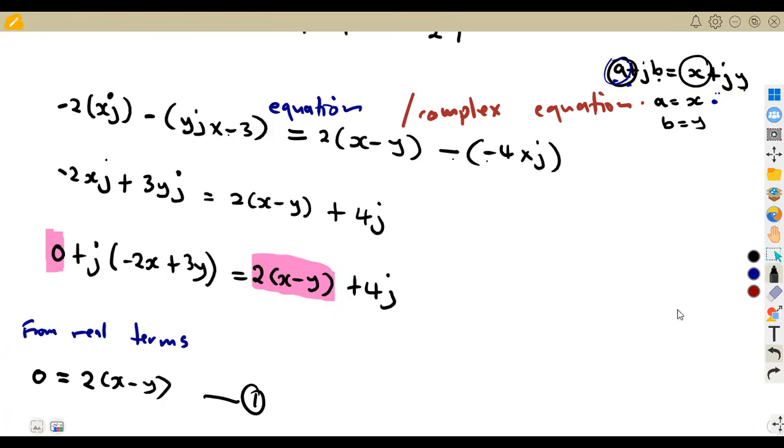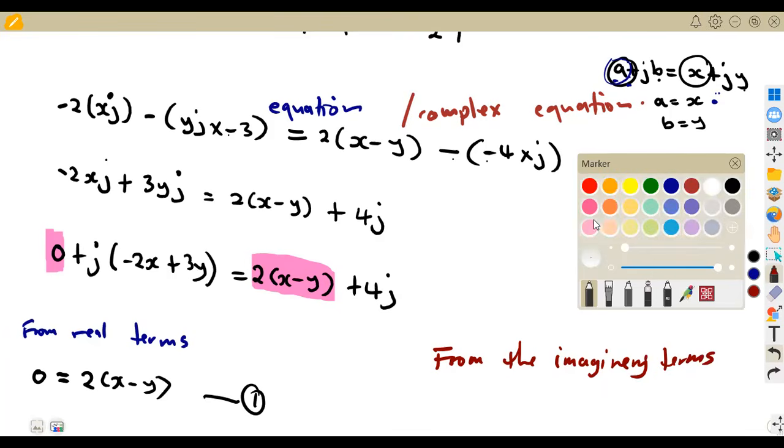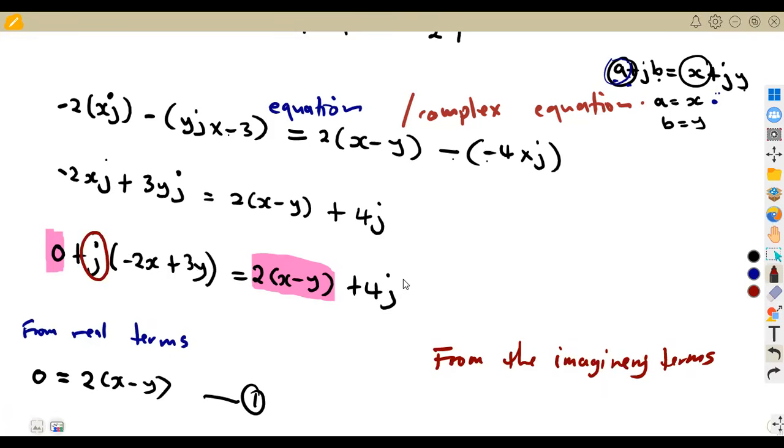All right. Let's see from the imaginary terms. So from the imaginary terms, the one that has got a j, we're going to consider the part that has got a j. So this is where we have a j and we also have a j.